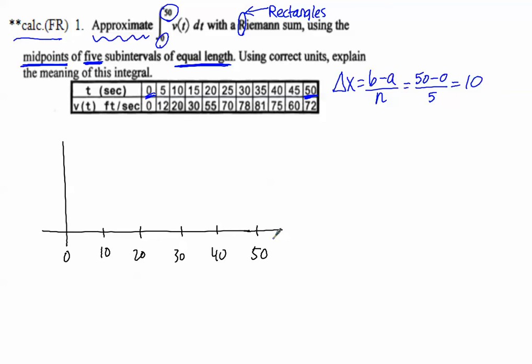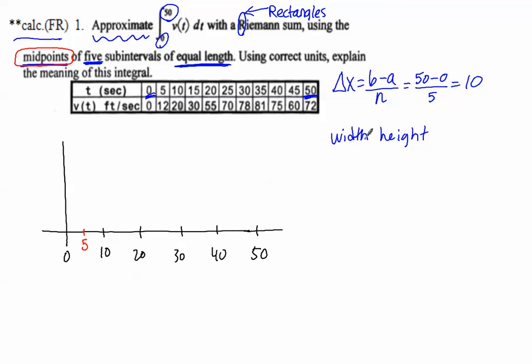And this time, instead of left endpoints or right endpoints like we practiced last time, it says use midpoints. So using the midpoints means between 0 and 10 exactly. Between 0 and 10, the first point is 5, and that's going to give us the function value. Remember that each area is the width times the height.